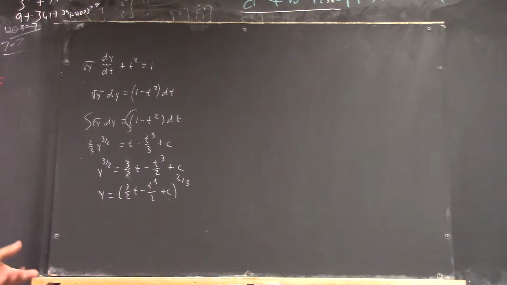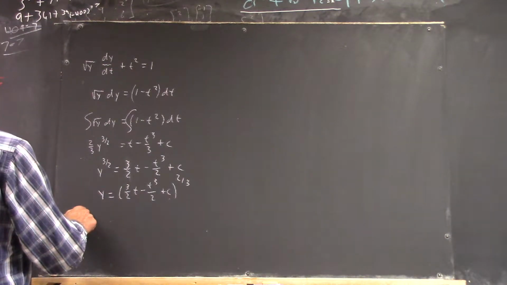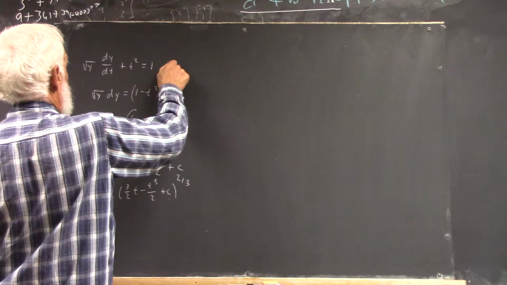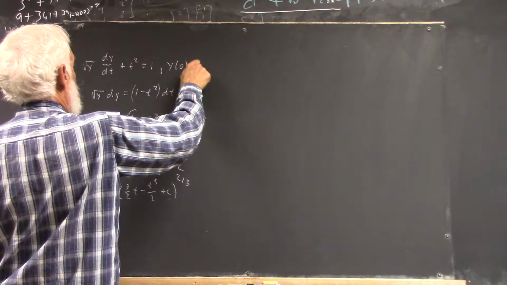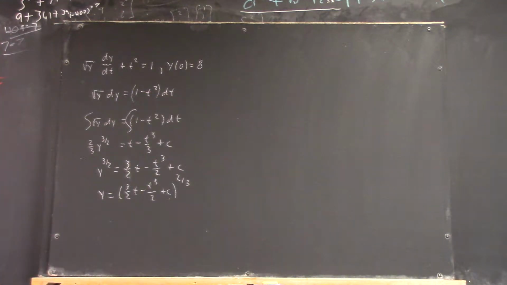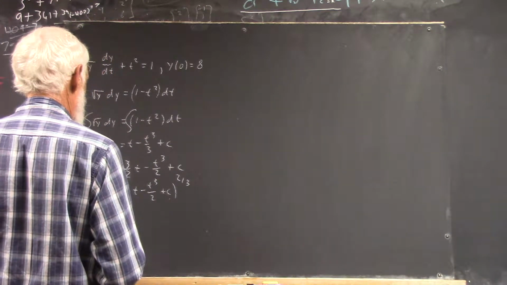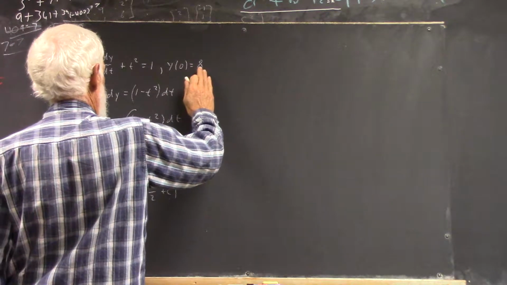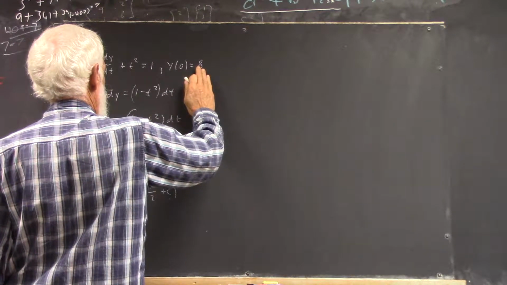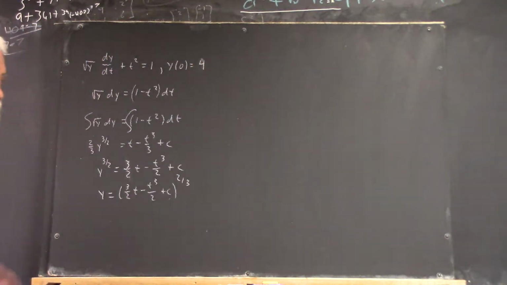There it is. Now, if you have initial conditions, let's put an initial condition on this, like y of 0 equals 8. And actually, let's make it 4 so we get an integer. Okay?